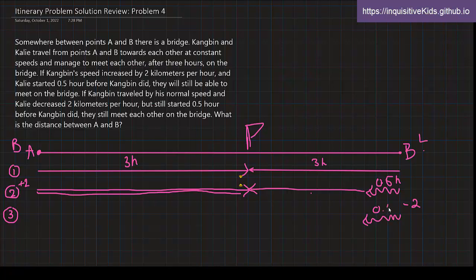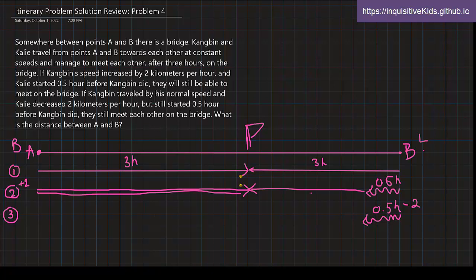Just to clarify, these two 0.5 hours are different because they are different speeds. Kalie decreased her speed by 2 kilometers per hour, which doesn't mean they're the same length. Honestly, the one below is supposed to be shorter because she's going at a slower speed.